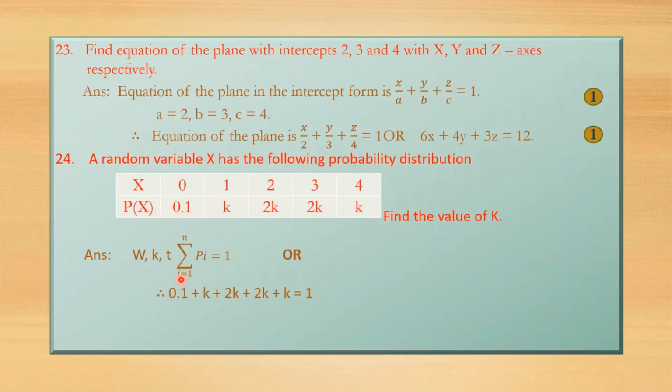By applying this formula, I get 0.1 plus k plus 2k plus 2k plus k is equal to 1, for which 1 mark is awarded. It is nothing but 0.1 plus 6k is equal to 1. It implies 6k is equal to 1 minus 0.1, which is 0.9. That means k is equal to 0.15. The k value is 0.15, which will be awarded 1 mark.